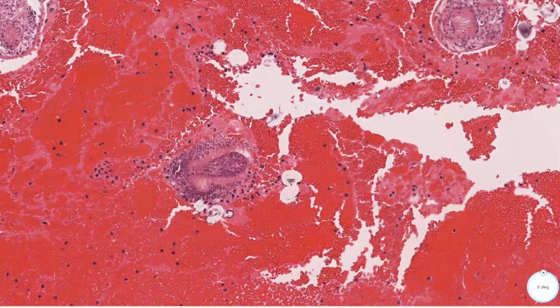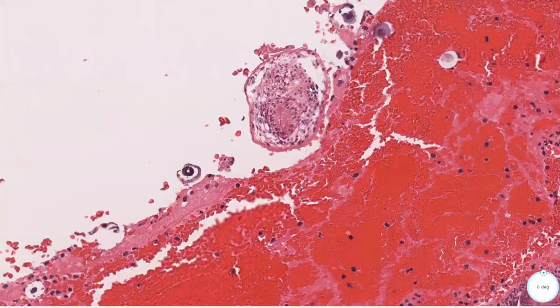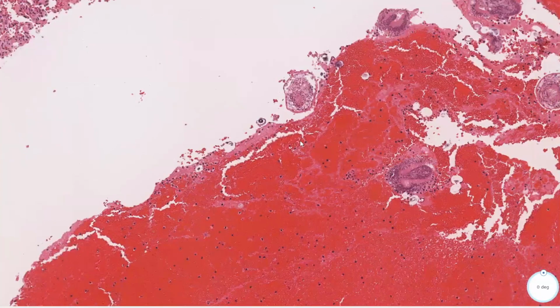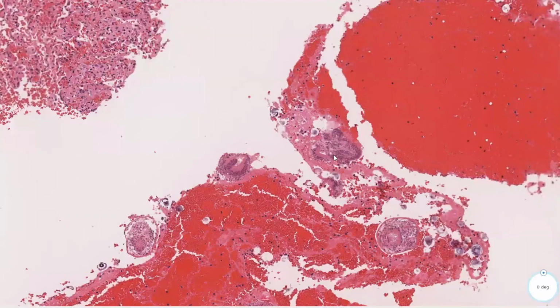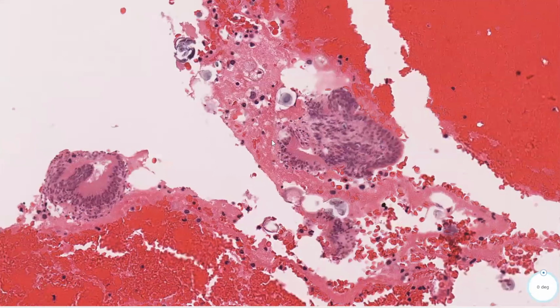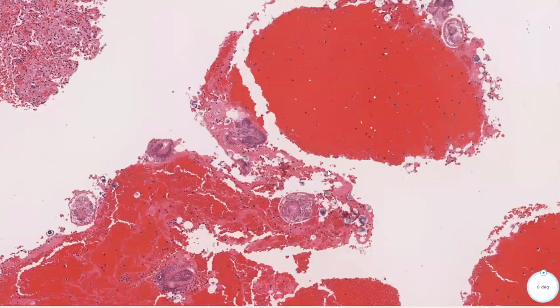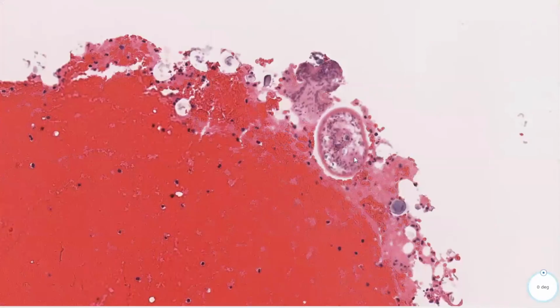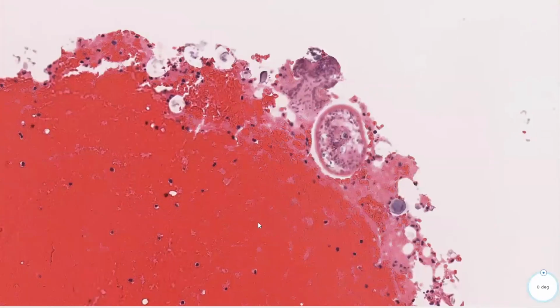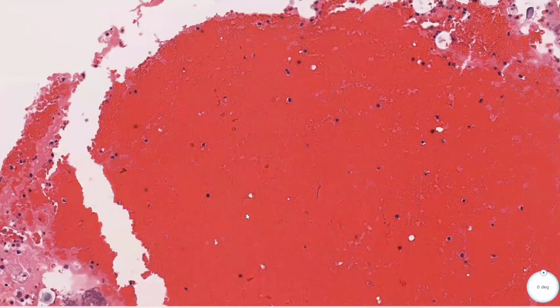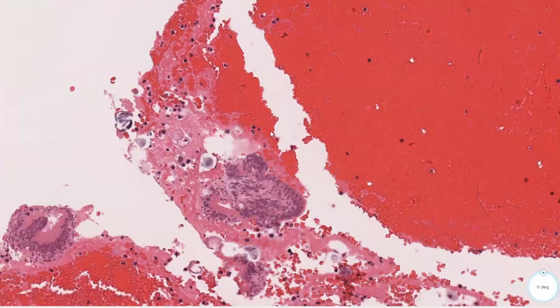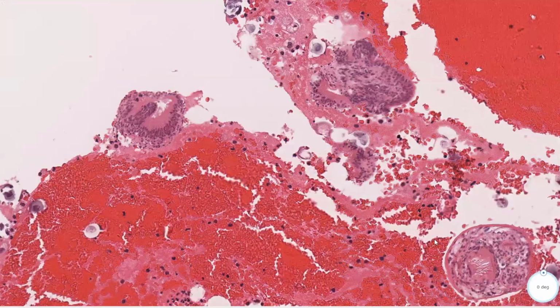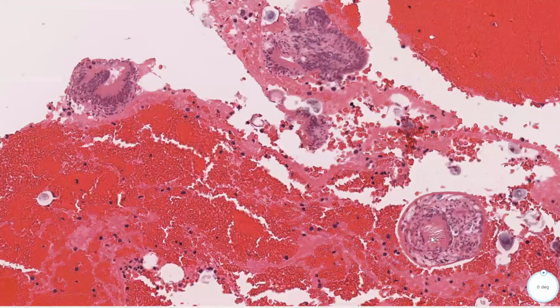The life cycle of this worm is actually in the definitive host, which are typically wolves or dogs. They will form the full adult worm in their intestinal tract, which will then lay the eggs, which can be ingested by a secondary host, including humans, which will then hatch within our GI system, and then they will penetrate through the intestinal wall, where they can enter the bloodstream and get to various organs.